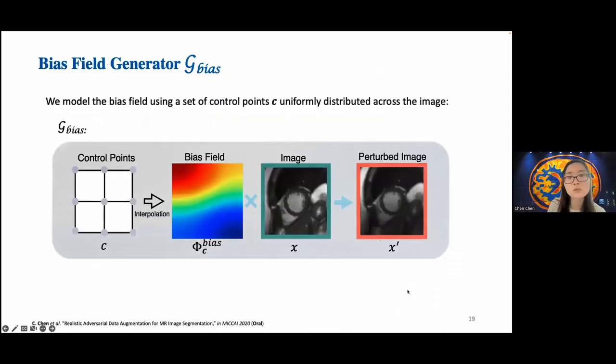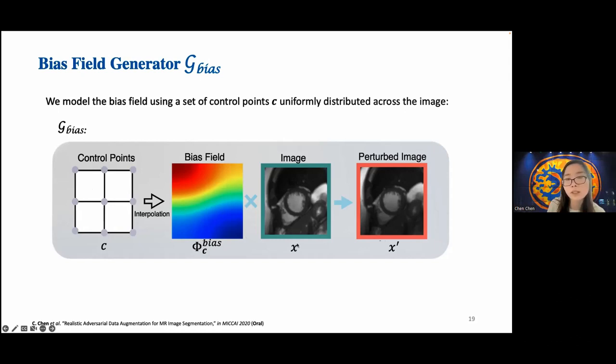In order to model this type of bias field, we introduce a very simple bias field generator, which is a physics-based transformation model parameterized by a set of uniformly distributed control points. Specifically, given a set of control points, we randomly sample values over these control points, and then we apply a B-spline interpolation kernel to generate a positive bias field at the full resolution.